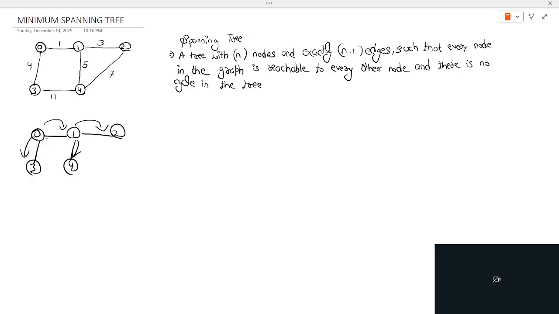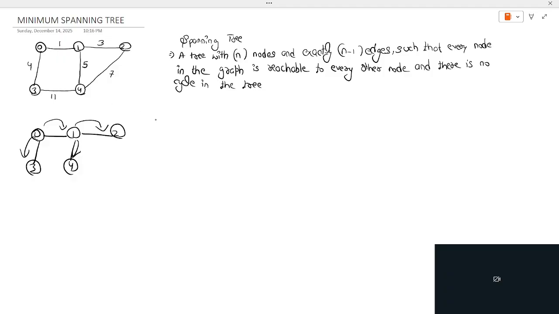For example, if we consider 0 and 2, there is no direct edge between 0 and 2, but still we can reach 2 from 0 via 1. So this is a spanning tree because for every node in the graph we can reach any other node and there's no cycle in this tree. As you can clearly see, there is no path in this tree which contains a cycle.